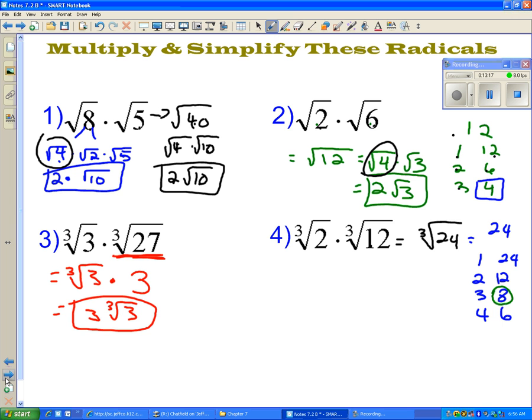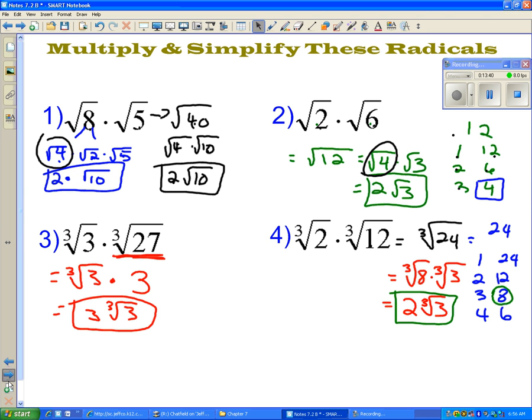So I can rewrite the cube root of 24 as the cube root of 8 times the cube root of 3. The cube root of 8 is 2, times the cube root of 3, and there is my answer. All I'm doing here is simplifying, simplifying, simplifying.